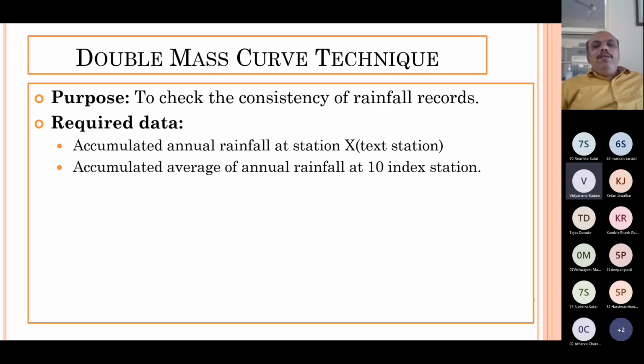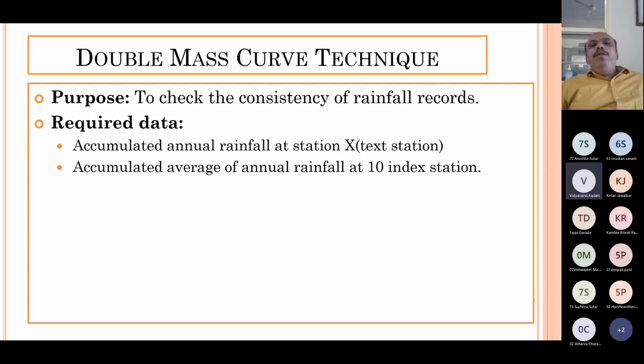Now to check consistency means to find out whether the recorded data is correct or not. Sometimes the recorded data may be incorrect for various reasons, such as a shift in the observation practice.